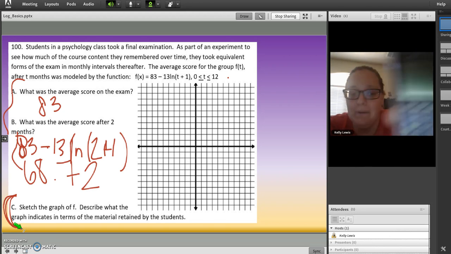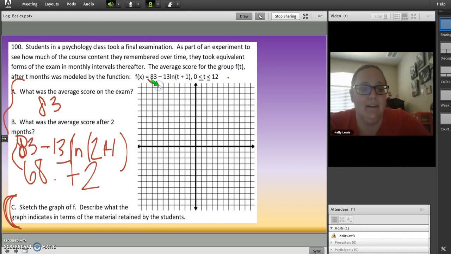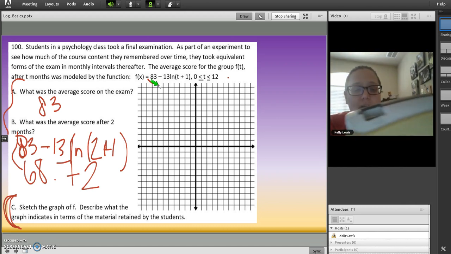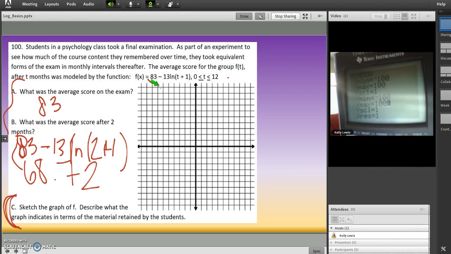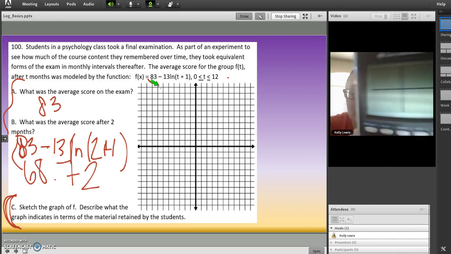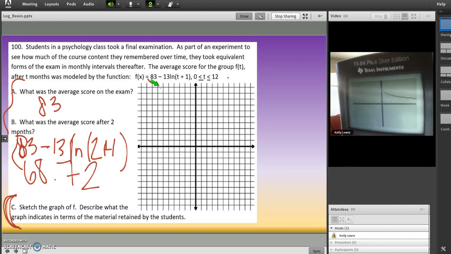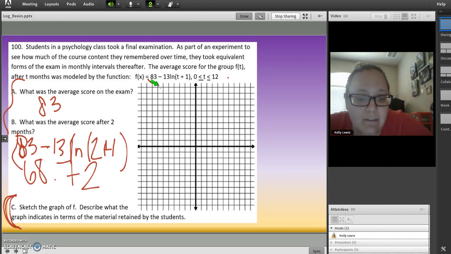You can't see it because our value is 83, so we need to change our window. Let's change everything to 100. When you graph stuff, if you can't see it, you need to change your window, basically. There we go. So basically, it starts off at 83, and it goes down.